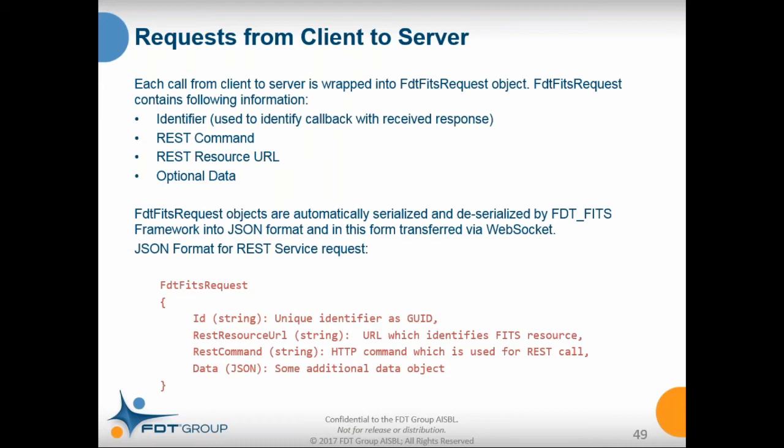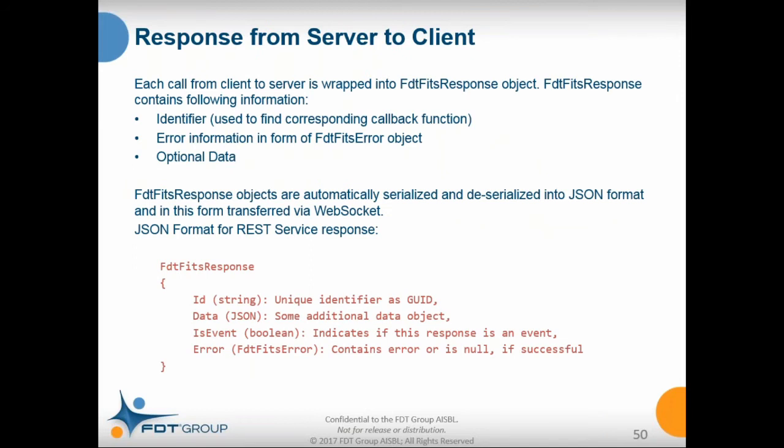The ID here is a GUID. Then we have this REST resource URL, which defines the resource that we want to access, for example a device, or a function of a device. Then we have the REST command, and some additional data. This in turn can be an object, for example a UI message.